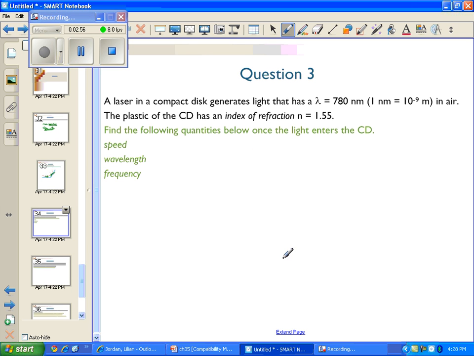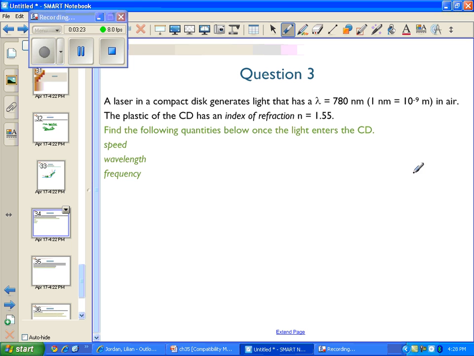Next question. A laser in a compact disc generates light that has a wavelength of 780 nanometers when it's traveling in air. The plastic of the CD, however, has an index of refraction of 1.55. Find the following quantities below once the light enters the CD.